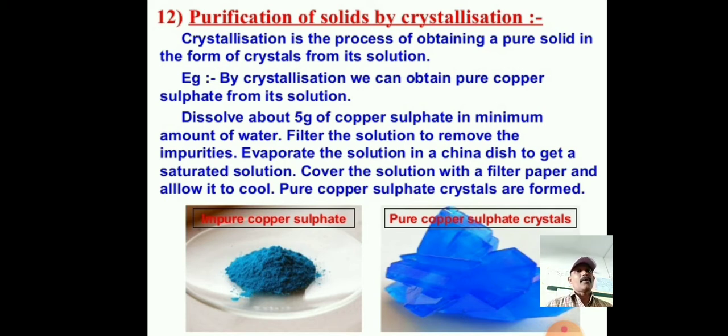So, pure copper sulphate crystals are formed. So, what is the color here? Observe the color. So, impure copper sulphate is converted into pure copper sulphate crystals by which method here? Crystallization. So, you are understanding very well.